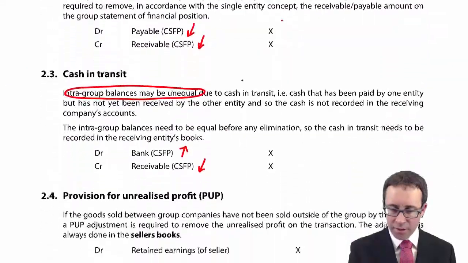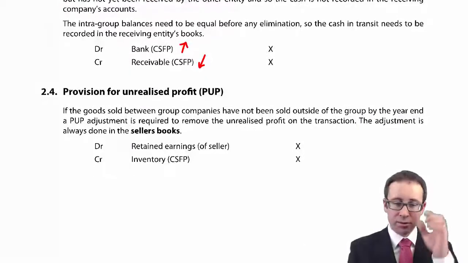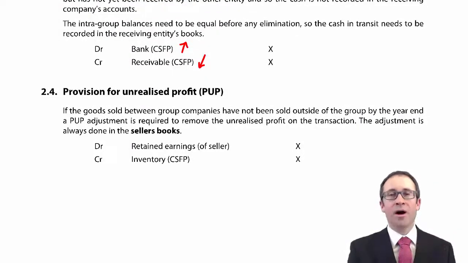Last but by no means least is your favourite, the provision for unrealised profit. You're normally given a markup, most of the time I've seen it's 25%, and you need to adjust for the profit on the goods that have been sold, but the goods that are still within the group at the end of the year.